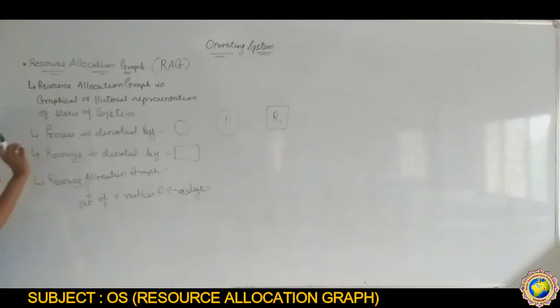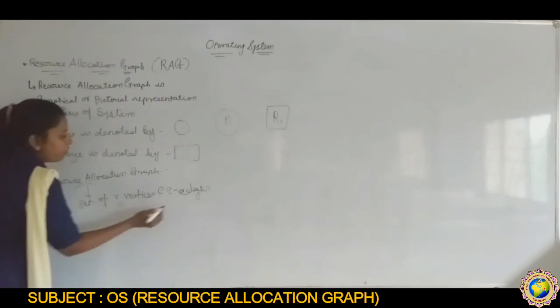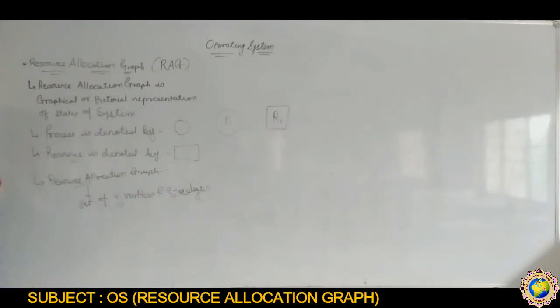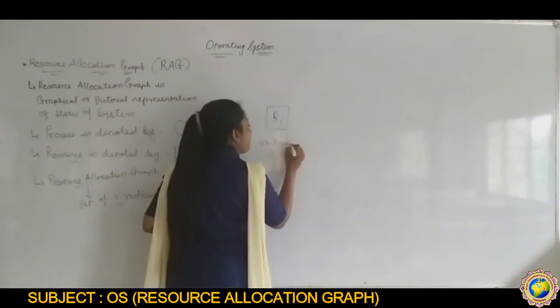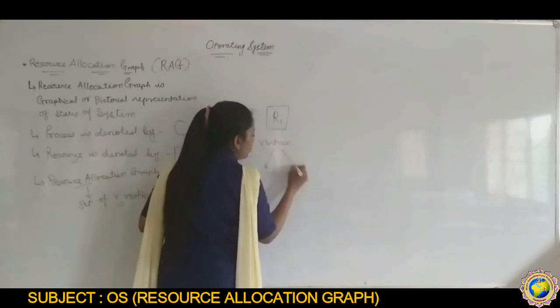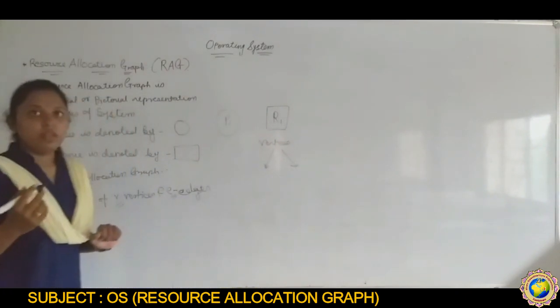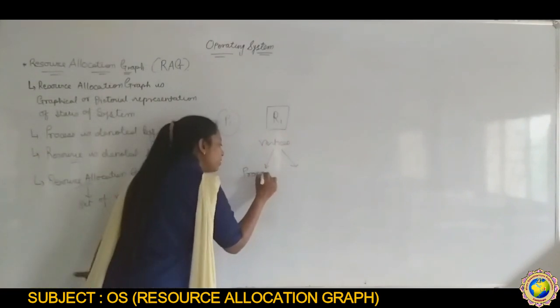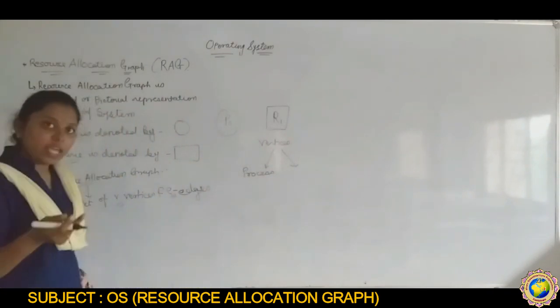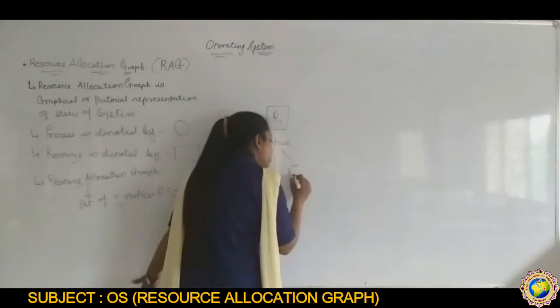So it is nothing but a set of vertices and edges. The vertices are divided into two parts: one is the process, and second is the resource.